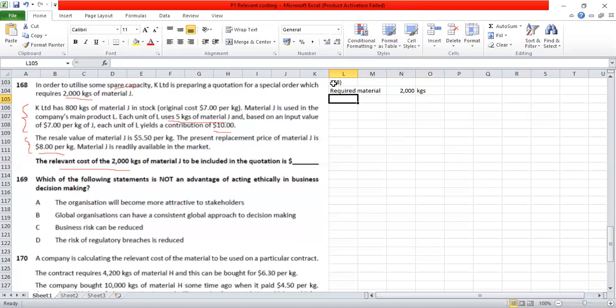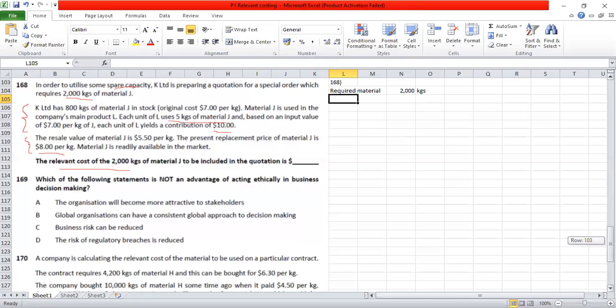They would not be stopping the production of L, delaying anything, nothing will be taken up here. Why? The first line says that they have spare capacity. So the work will go on as usual. No compromise on the production of L. L will continue to be manufactured the way it is being done now.